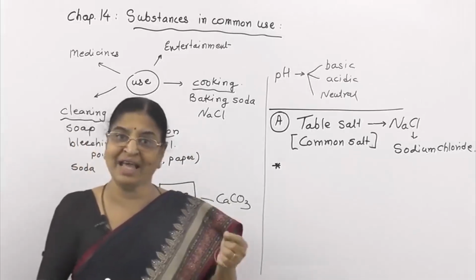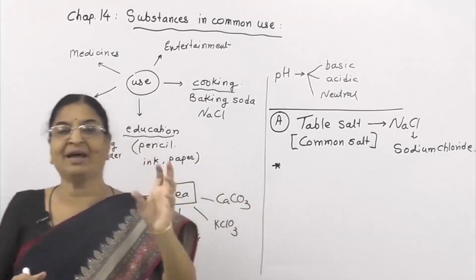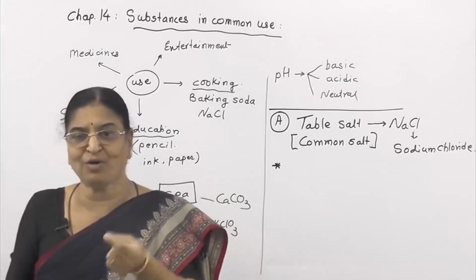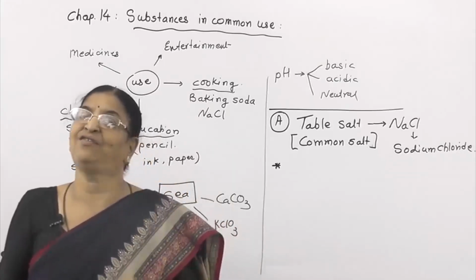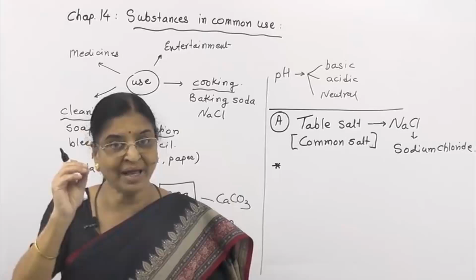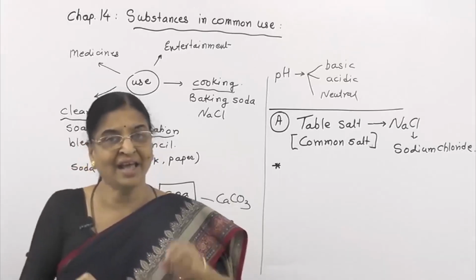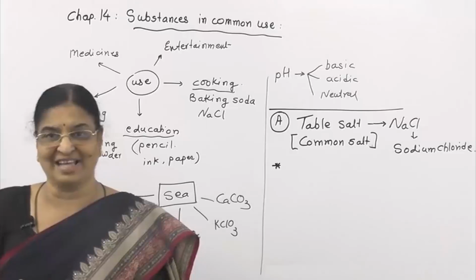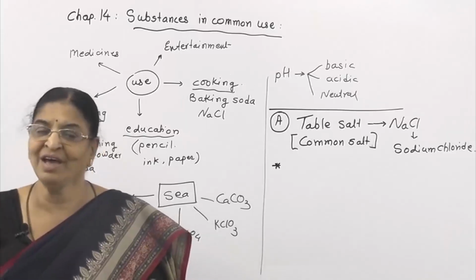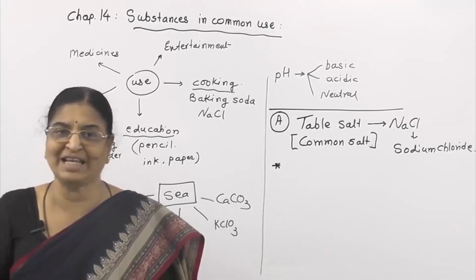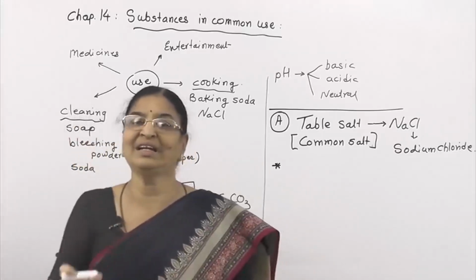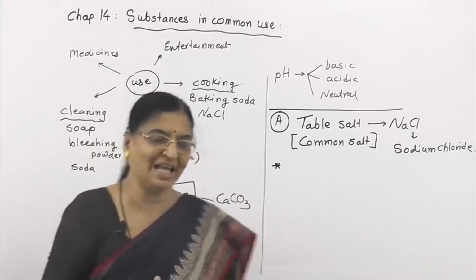It is colorless, of course, in a colorless crystalline form. You can see the powder form also and a crystalline form of salt also. But the important thing is that these crystals don't contain the water of crystallization. You must have seen about the water of crystallization, but though it is a crystal, it doesn't contain water of crystallization.